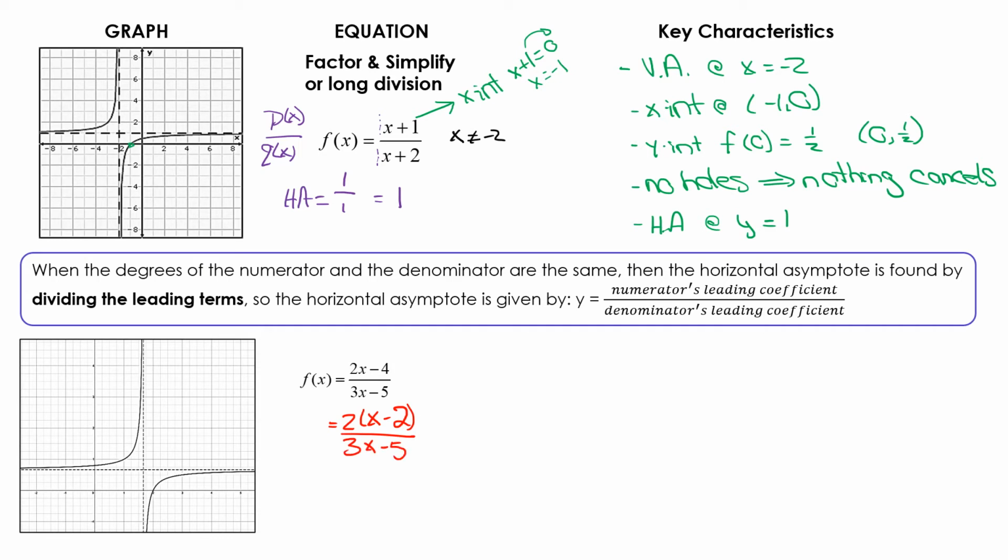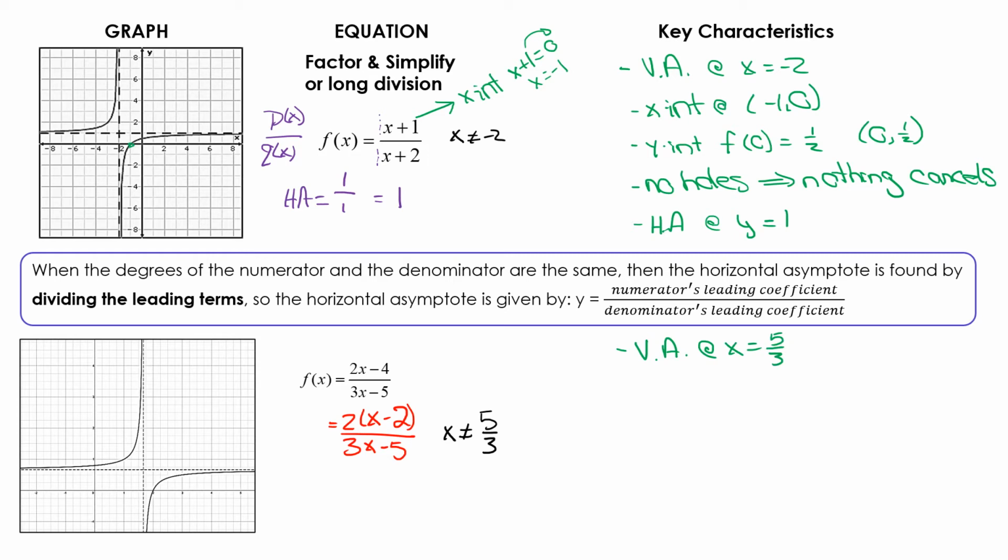We have restrictions on our denominator. X cannot equal 5/3. So we're going to have a vertical asymptote at x equals 5/3.